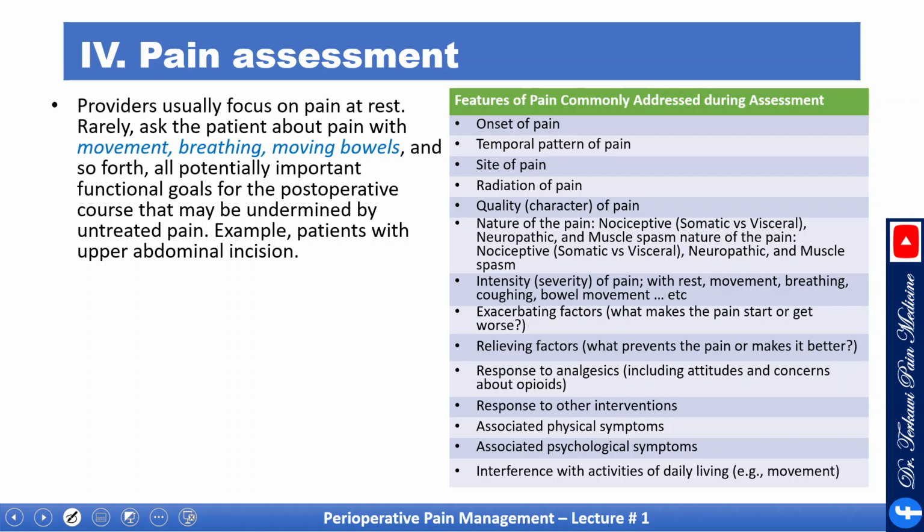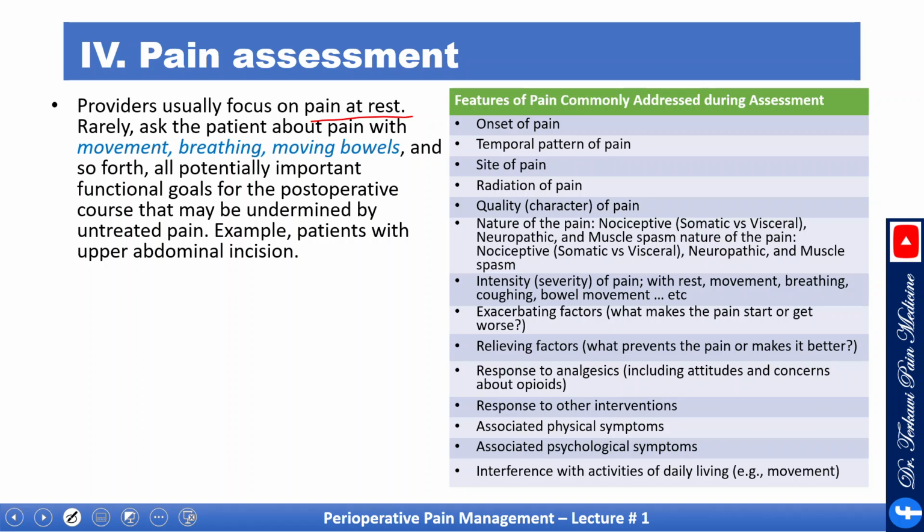Providers usually focus on pain at rest. However, we have to ask more than that. We rarely ask patients whether they have pain with movement, breathing, or bowel movement. This is why you have to be thoughtful when you ask the patient.